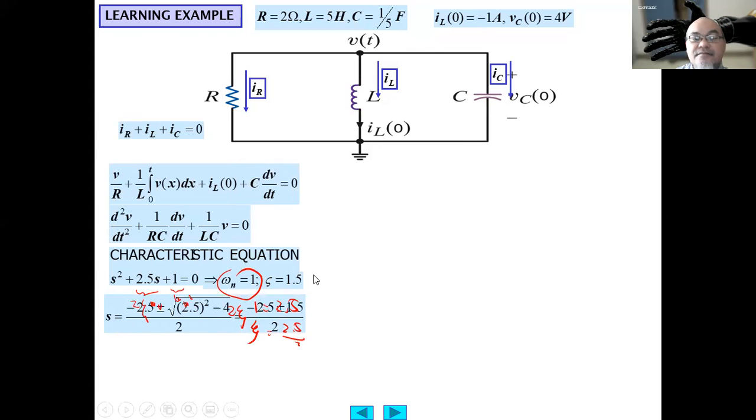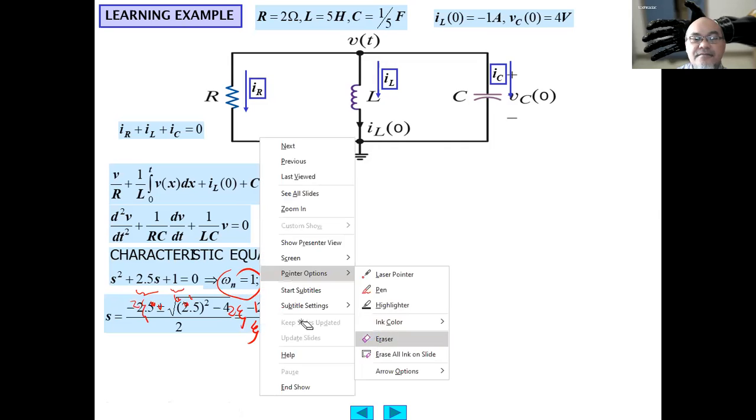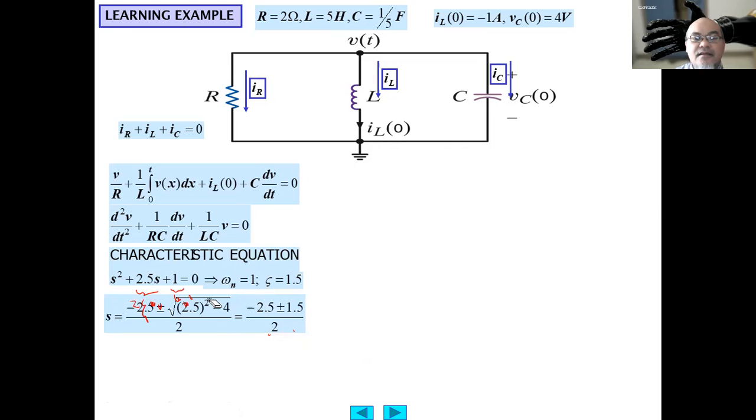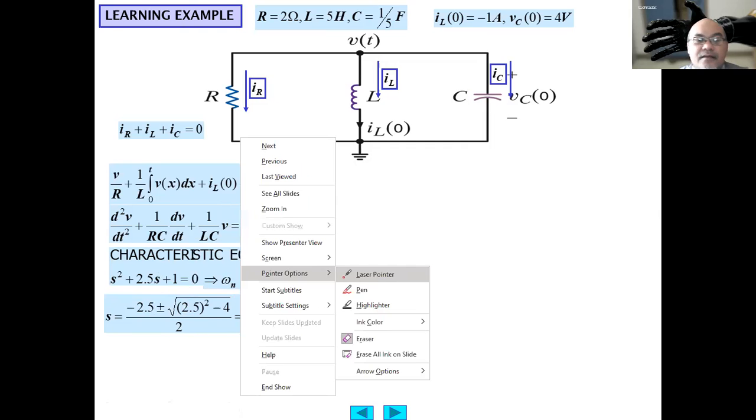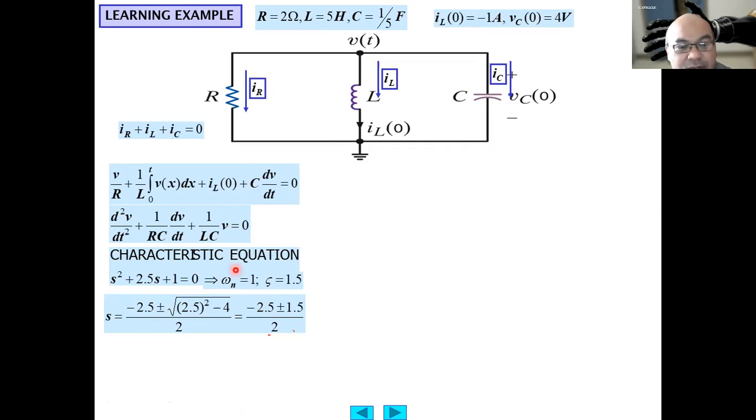Based on this characteristic equation, we can calculate S using the root equation for a quadratic equation. S equals minus 2.5 plus or minus the square root of 2.5 squared minus 4 times 1 times 1, divided by 2 times 1, the coefficient of S squared.